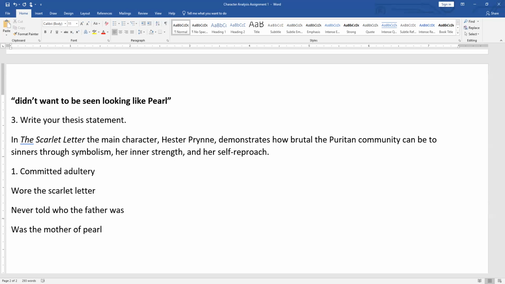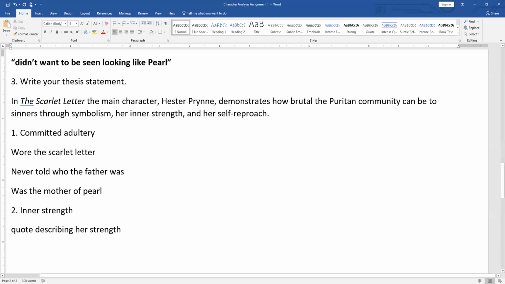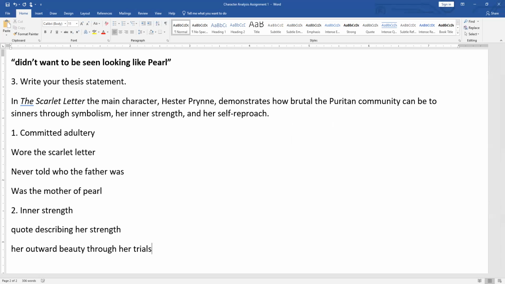Then a couple more. My second point, her inner strength. Then I would have a quote describing her strength. I would have her outward beauty throughout her trials. Trial. There we go. Was a symbol of her inner strength.